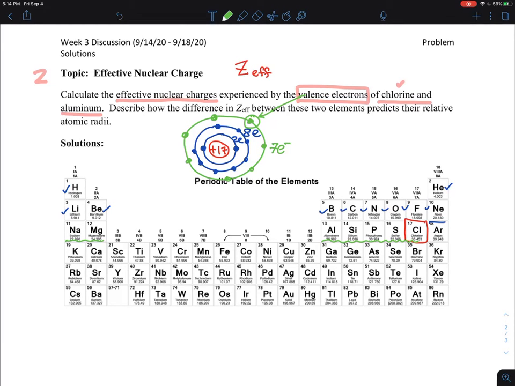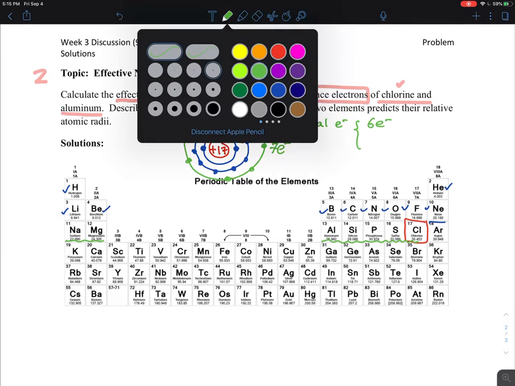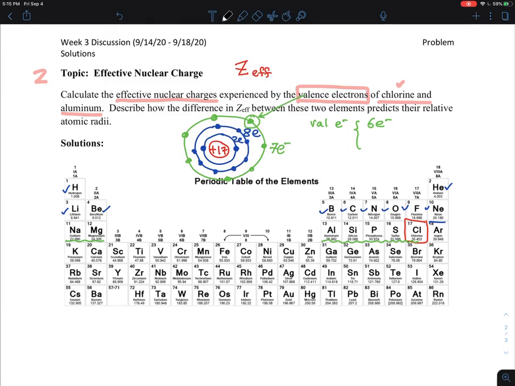And how do they feel about it? For this valence shell electron, what they call the nuclear charge shielding: they have 6 other valence electrons, and on the inside you have 10 electrons as core electrons.